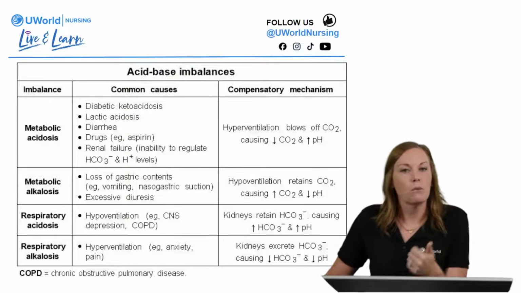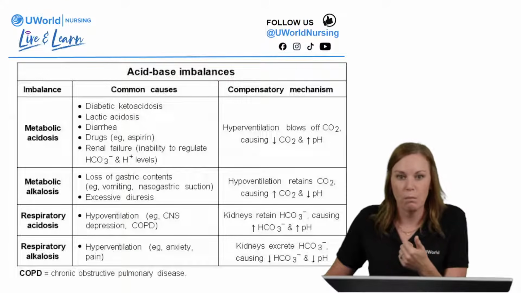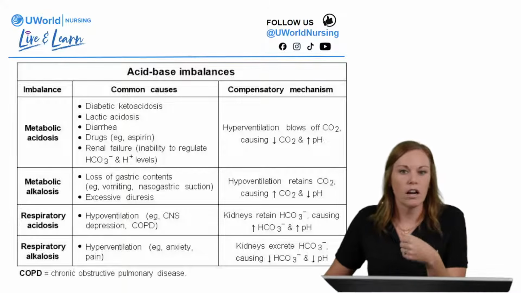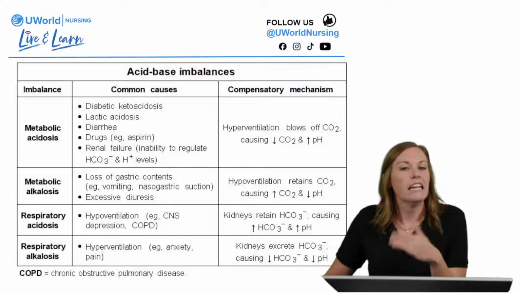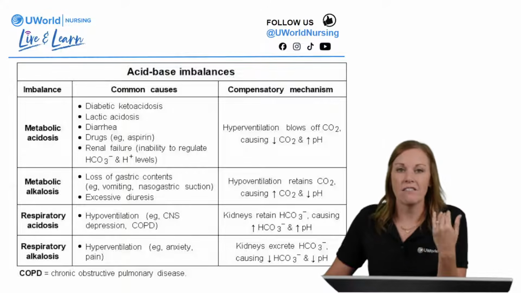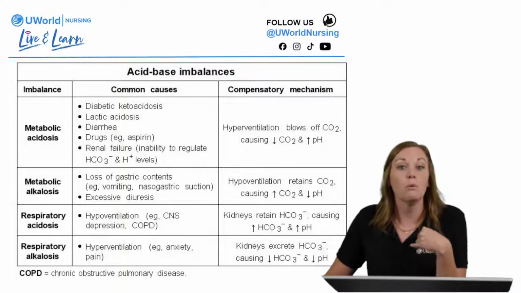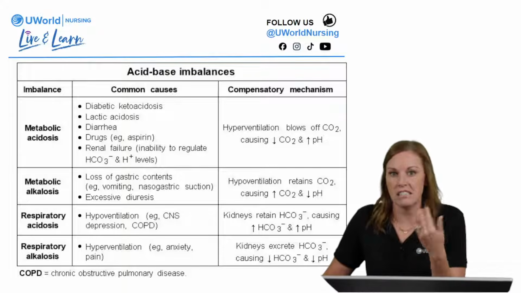So again, remember we have a low pH and we have low bicarb. So in response, our lungs are going to kick in, they're going to help out the kidneys. So we're going to have an increased respiratory rate so we can blow off CO2, which is acidic.